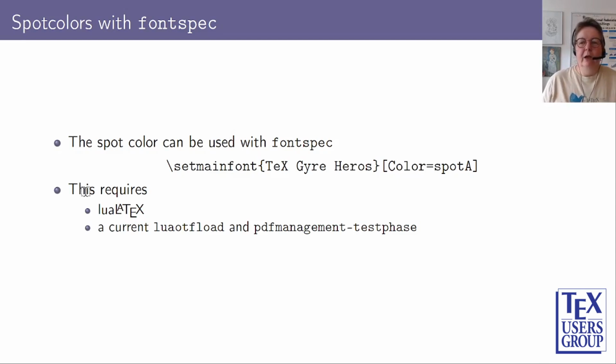So we had to update luaotfload, and from now on it is possible to use spot colors, as defined with the kernel models that we have created before, in the optional argument, and so to color the font. This requires LuaLaTeX, and it requires a rather current LaTeX system as it is very new.